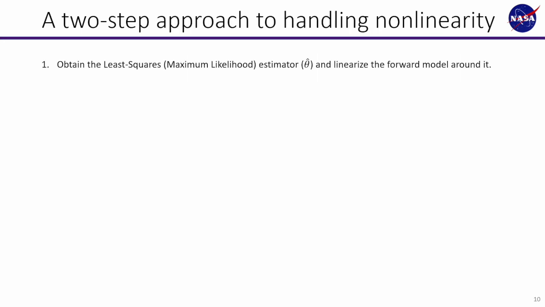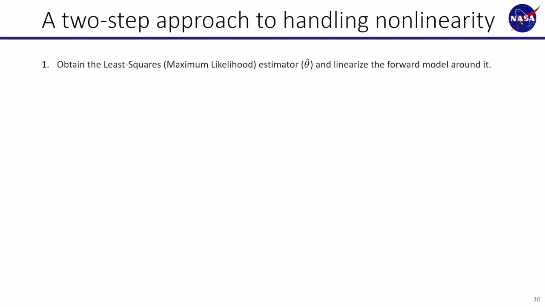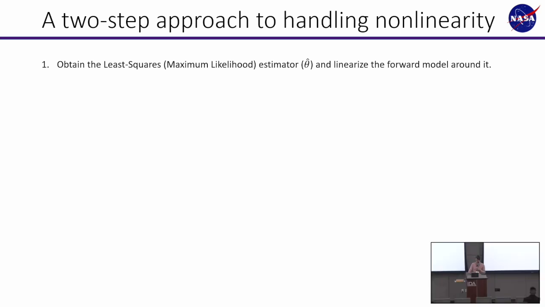So to briefly describe this two-step approach to handling the nonlinearity. The first step is to do an intuitive thing, which is to obtain a least squares estimate, or in this case, actually, equivalently a maximum likelihood estimator. And then we linearize our forward model around it. It turns out that in our case, the forward model has a low computational burden, so this is a pretty easy step to do.